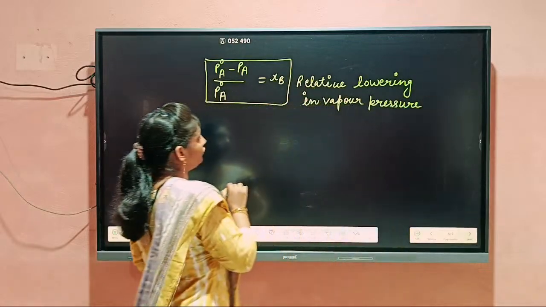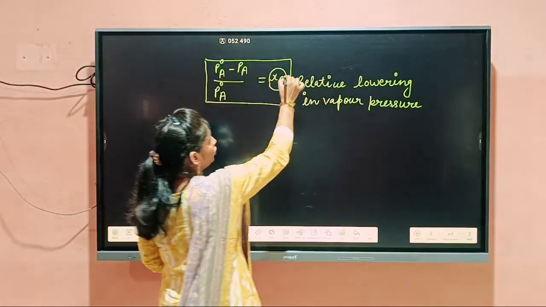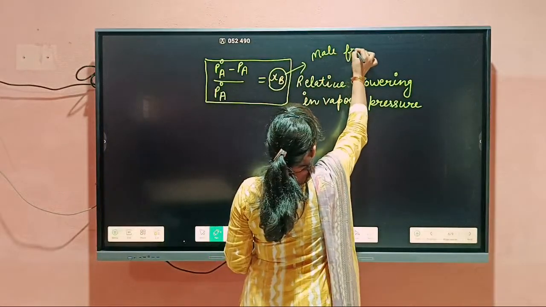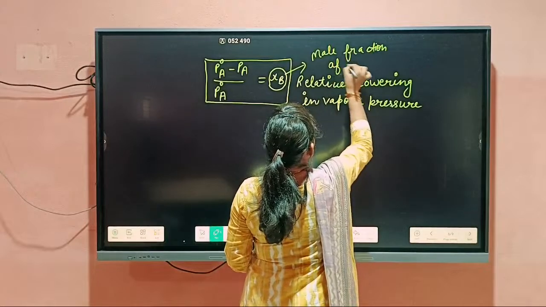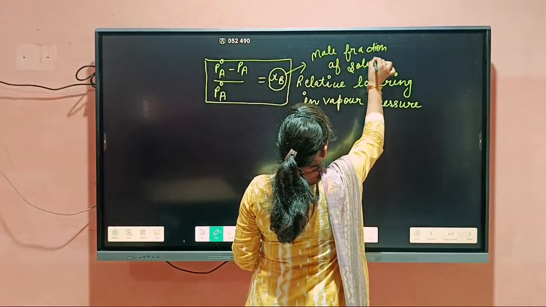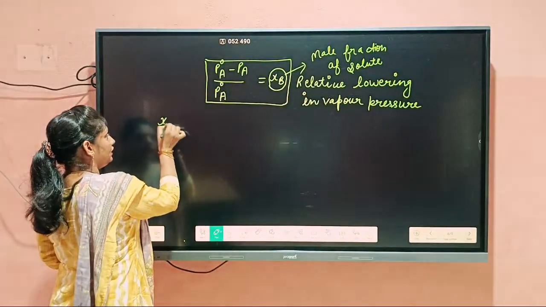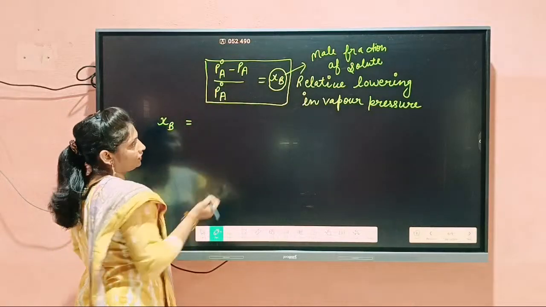So students, if I want to calculate the value of the mole fraction, this XB is the mole fraction of solute. You know very well, the mole fraction of a component, here component B, is equal to the number of moles of that component.